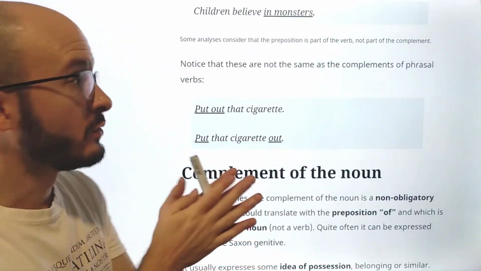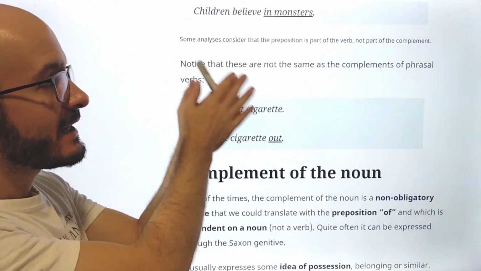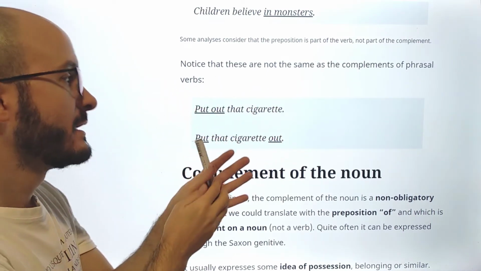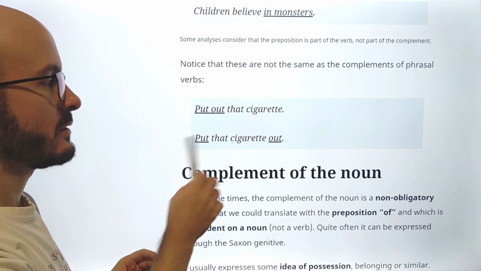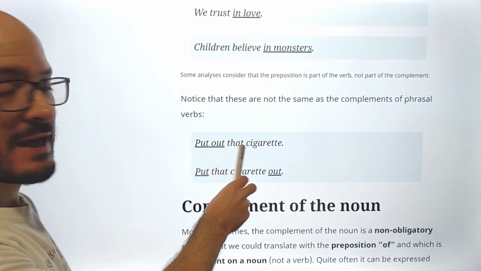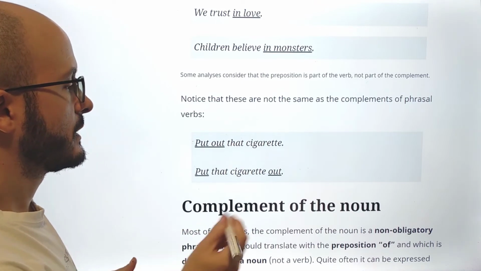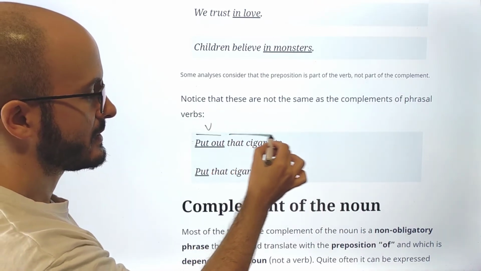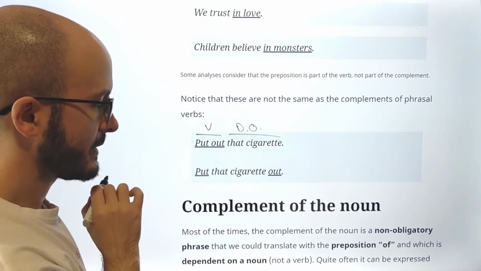And now, careful. Notice that these are not the same as the complements of phrasal verbs. Phrasal verbs such as put out. For example, we have here: put out that cigarette. Here, this is the verb, okay? And this is the direct object.